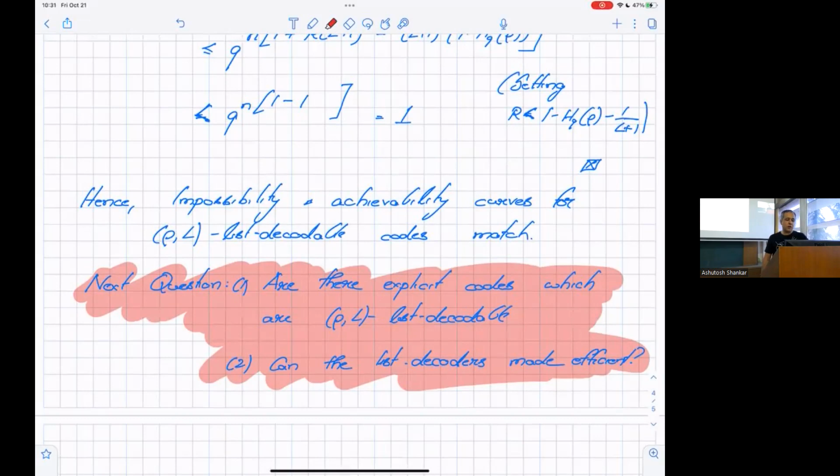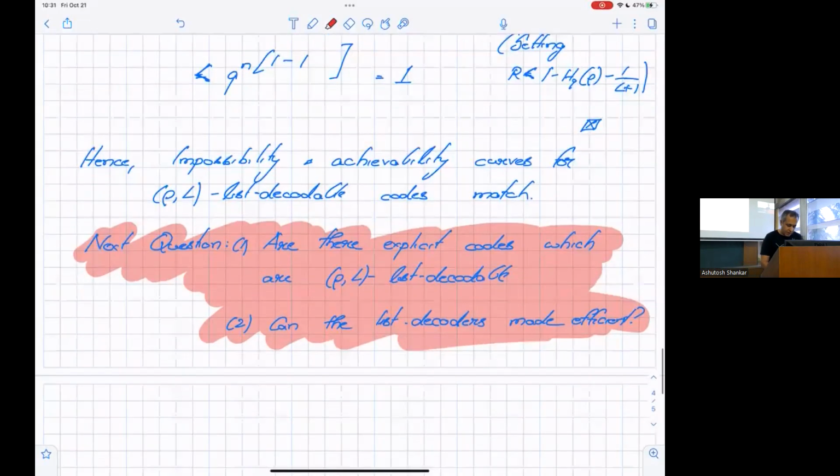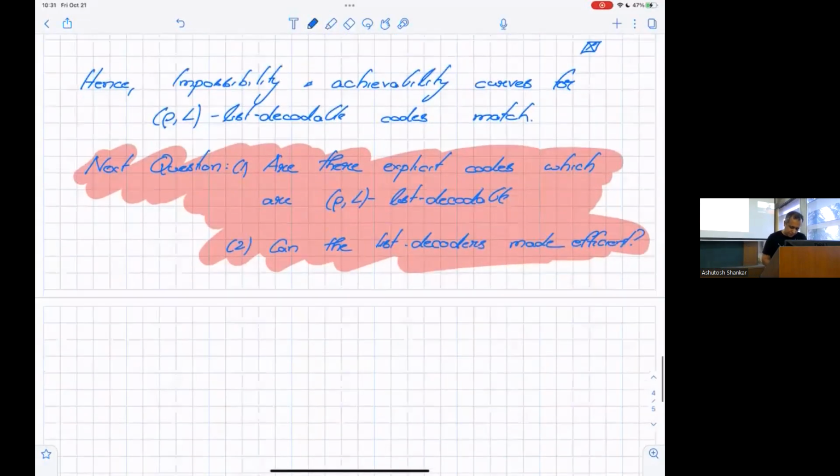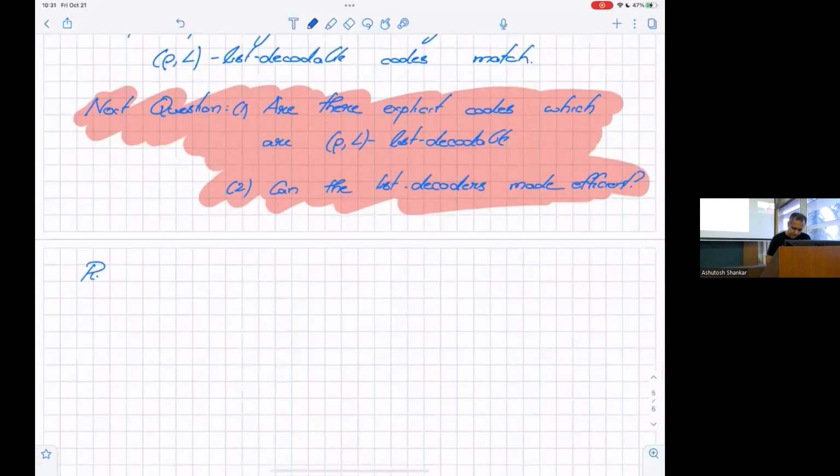We saw that for every code, if you give me the distance of the code, there is a particular point called the Johnson radius up to which the list sizes are bounded. If you recall, we had done this for binary codes.